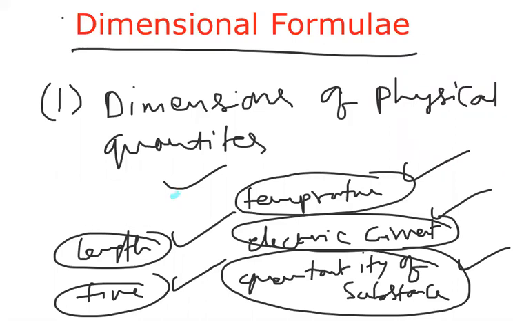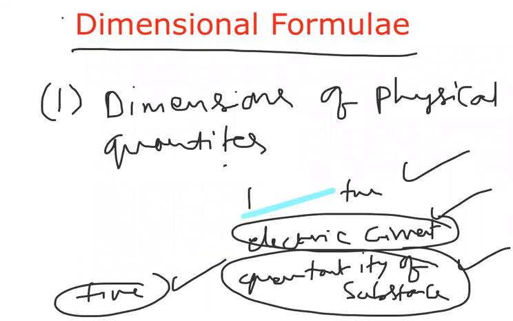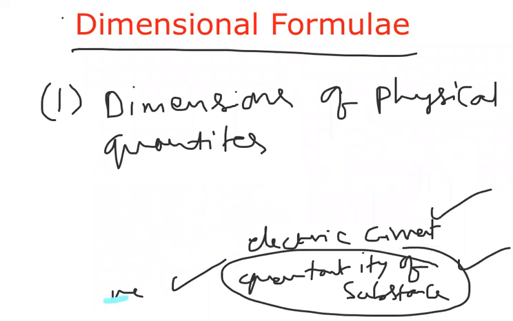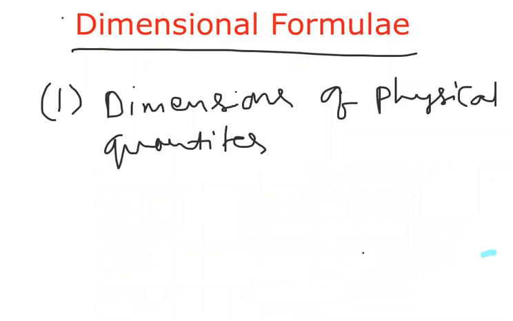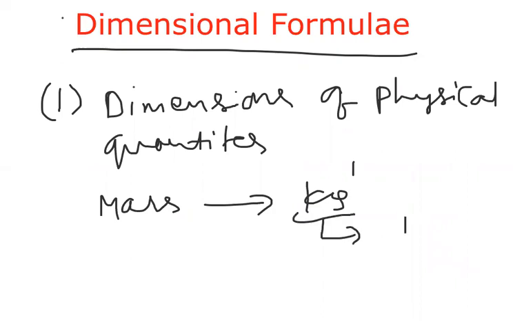Whenever you take mass, what is the power it has? The fundamental unit for mass is kg, with power 1. So kg is related to mass, and we denote it with M power 1.